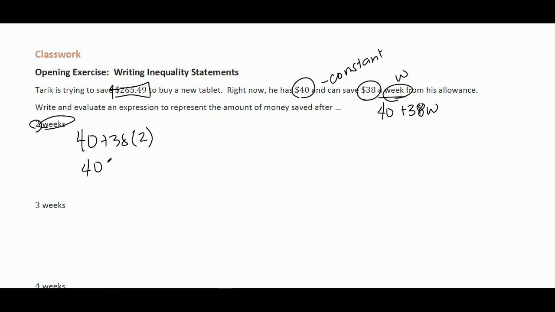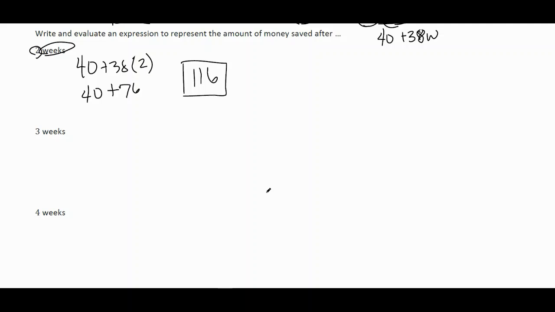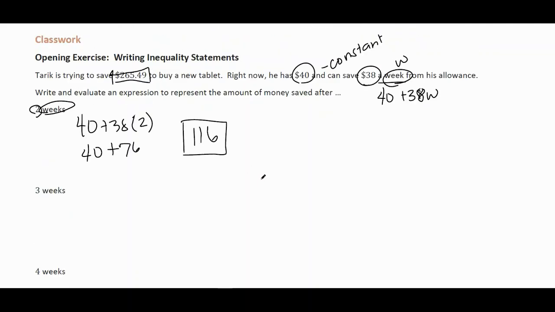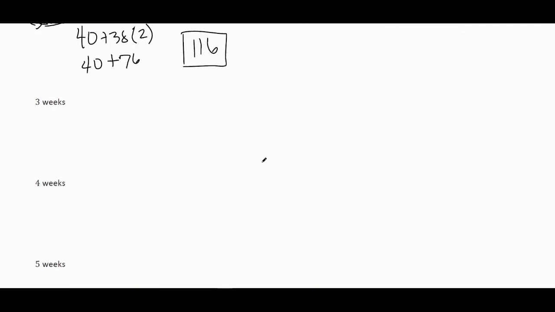We're going to have 40 plus 76, so 40 plus 76 is 116. As you can see, it is not possible because we are aiming for 265.